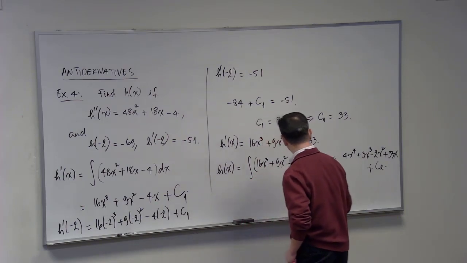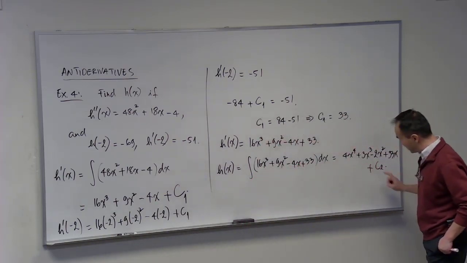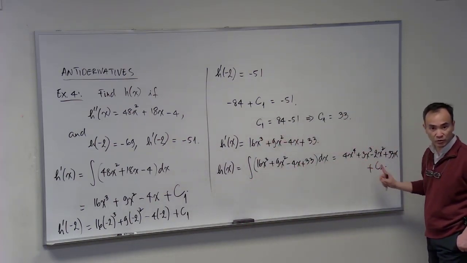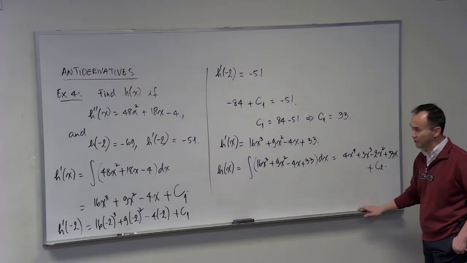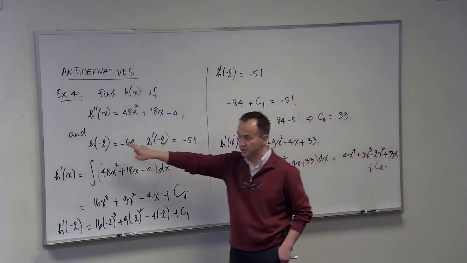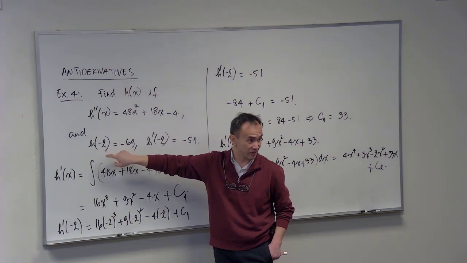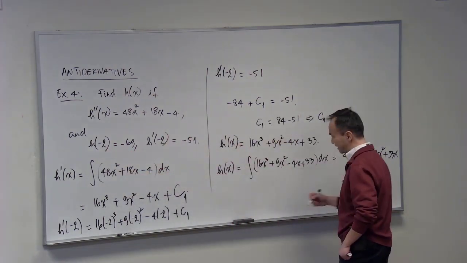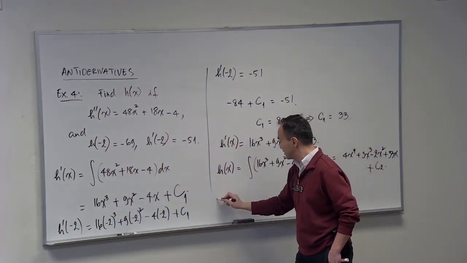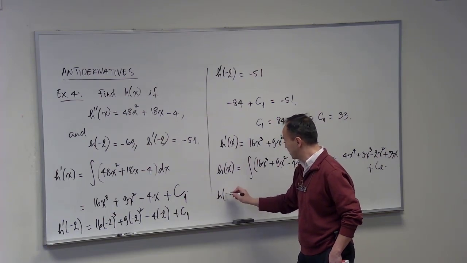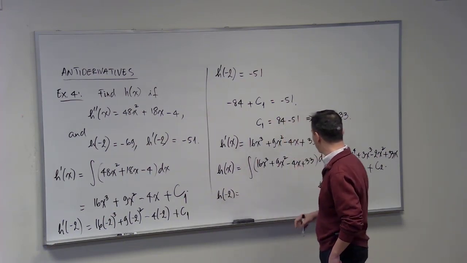Now what we have arrived at is simply a general antiderivative, and we haven't found the particular one that meets this requirement yet. So we've got to get onto that. Now h at -2 equals all of these here.